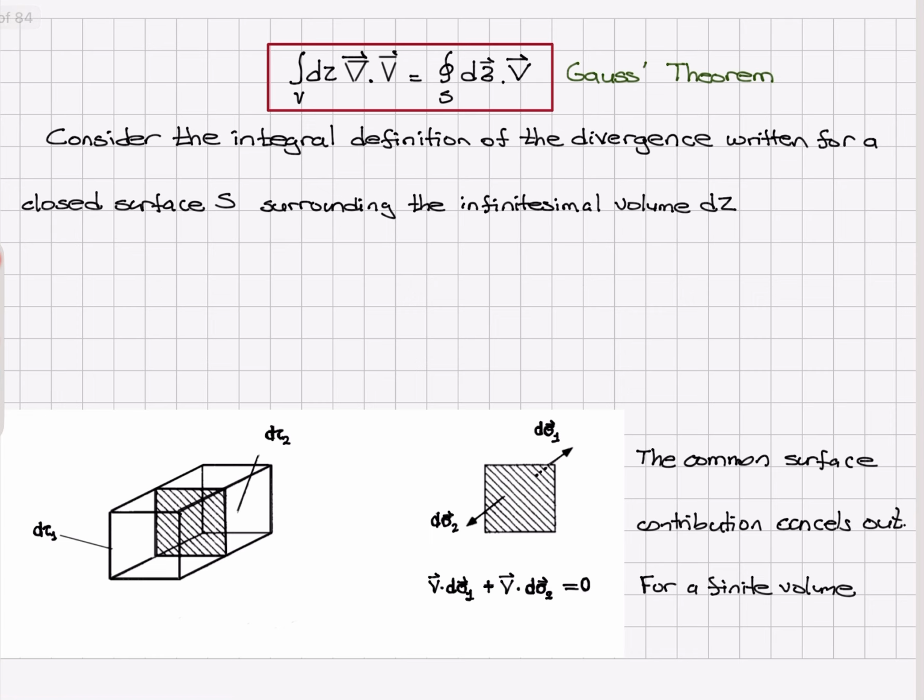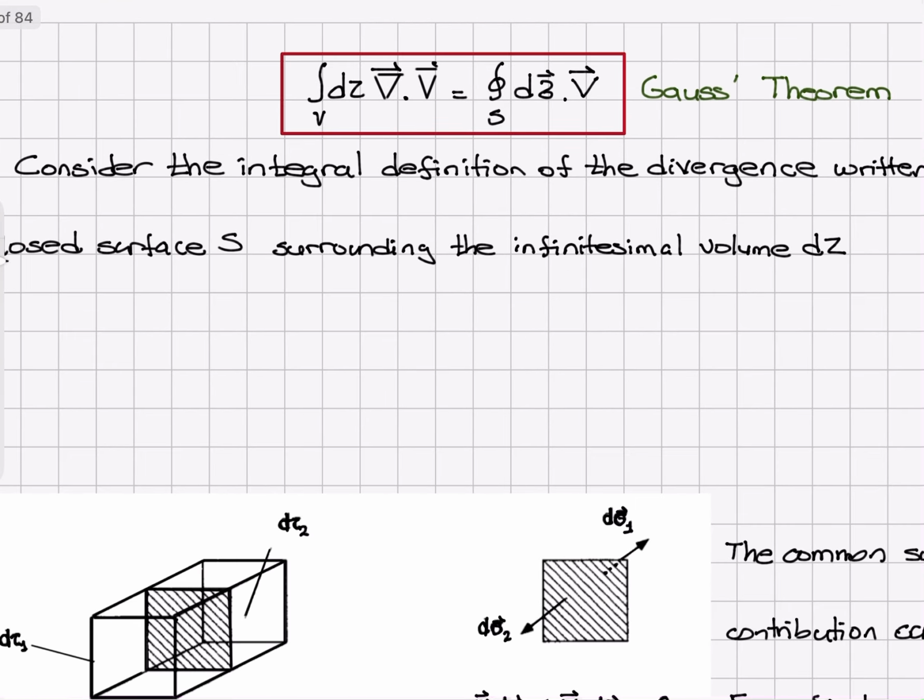So if we're considering for an infinitesimal volume d tau a version of this integral definition, then we can write divergence of the vector v multiplied with d tau is going to be equal to the limit as S goes to 0 for a very small surface area, closed surface integral d sigma dot product with our vector v.